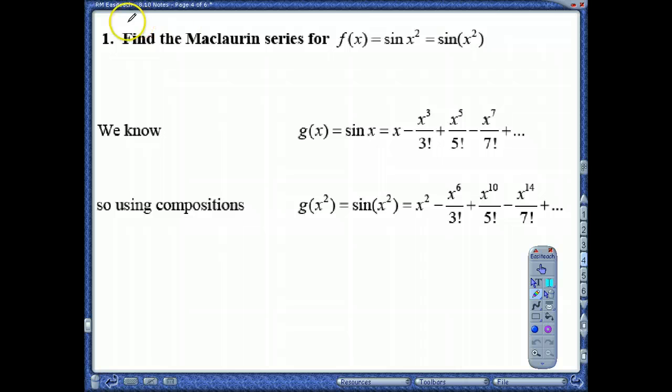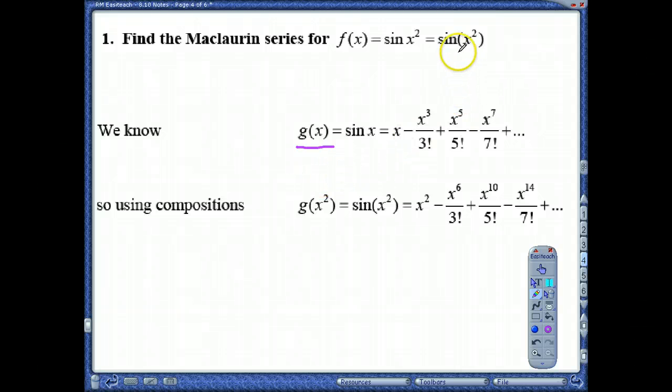All right, so they might ask us to find the Maclaurin series, so we know c is 0, of sine of x squared. Well, remember that when it's sine of x squared, we're actually talking about the angle being squared, not the sine function being squared. So looking at our list, we know that sine of x is this series, okay?